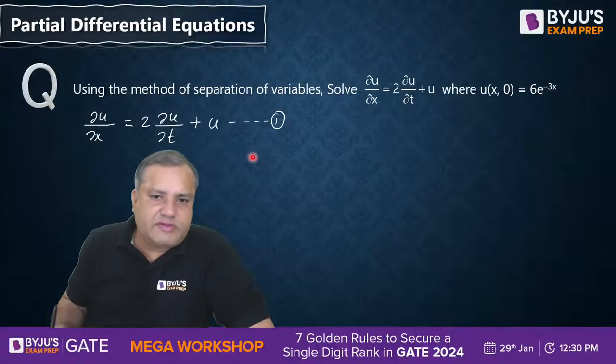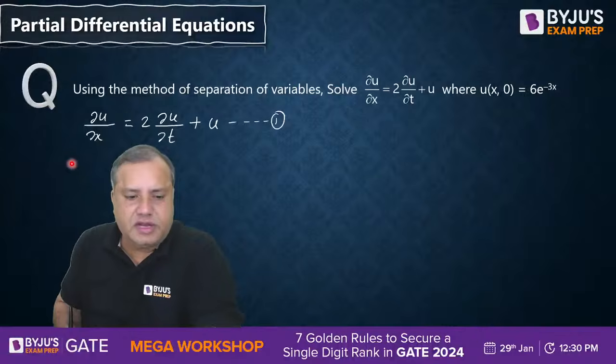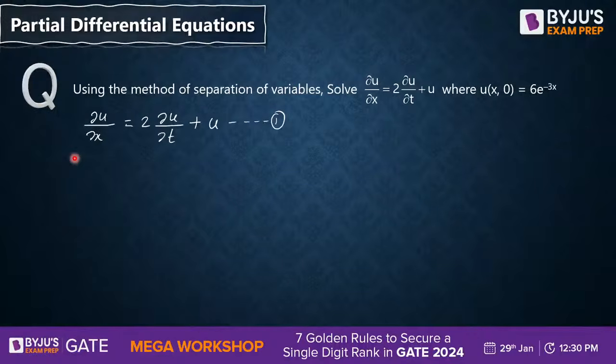Now by observing this given equation, we can say that u is a function of x and t. Here u is a function of x and t.